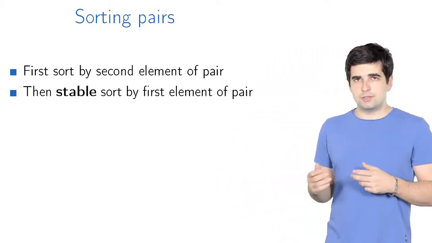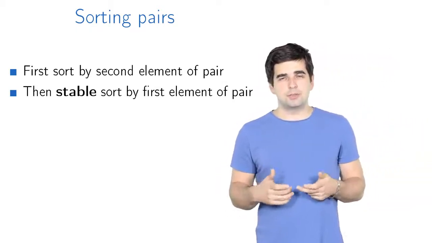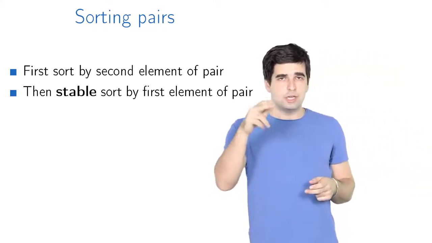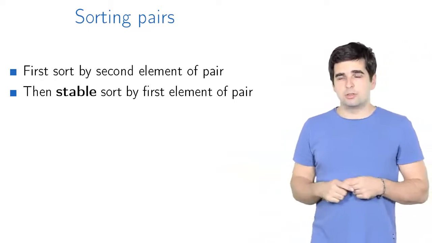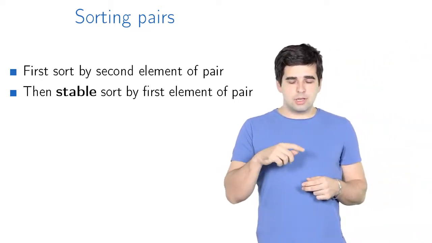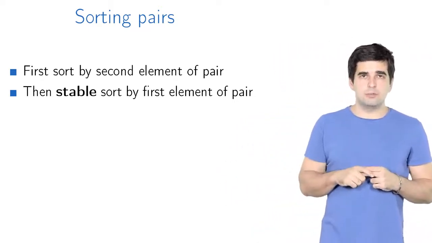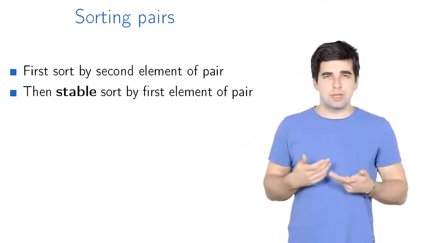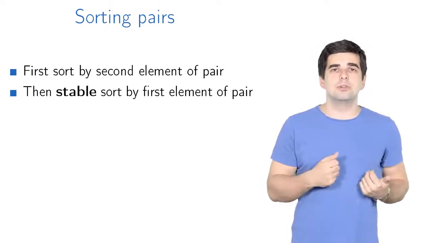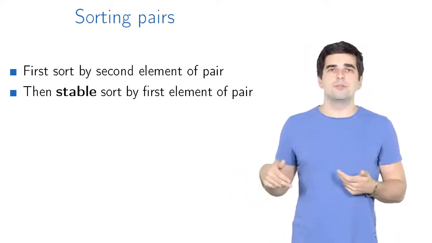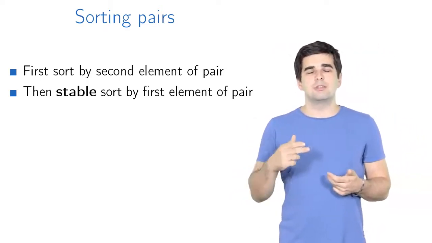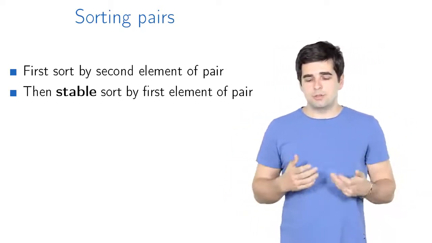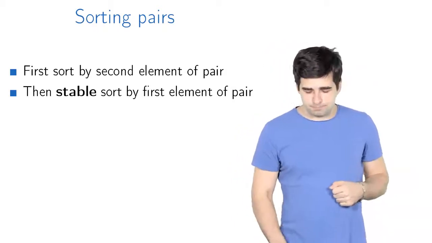And if we do these two steps, then our pairs will be sorted, because they will be sorted by first element, and also inside the equal first elements, it will be sorted by the second element, because it was initially sorted by the second element and the sort is stable, so it didn't break the order of the second elements in the case when the first elements are the same. So this is the idea for sorting pairs of objects.